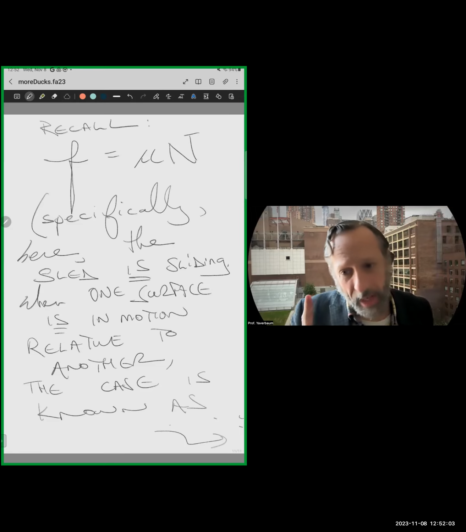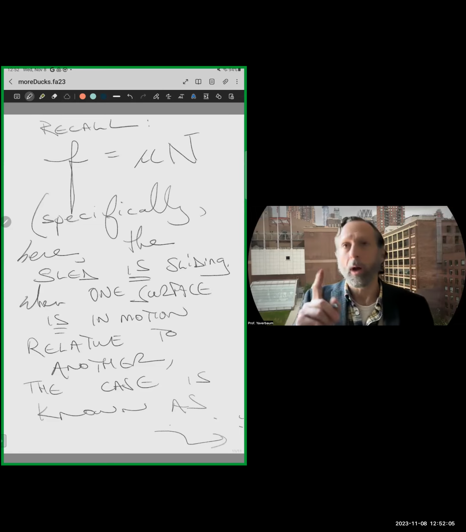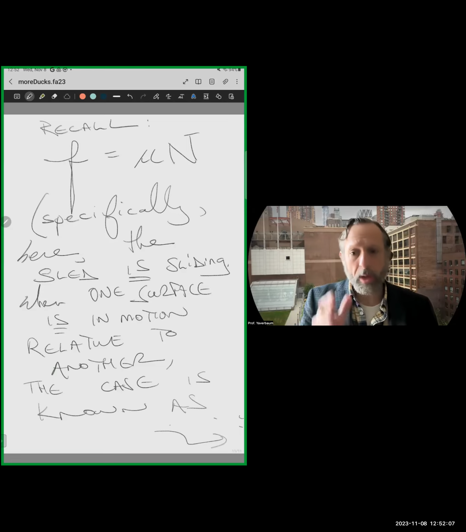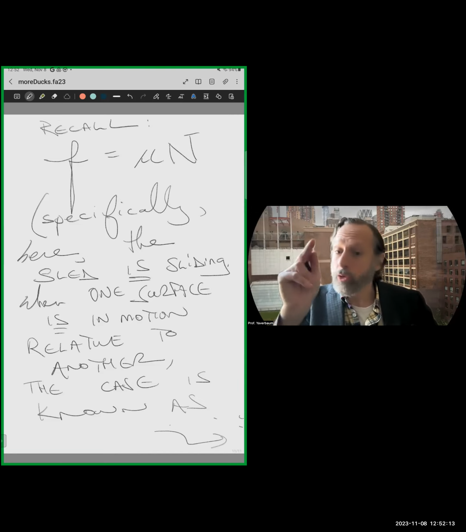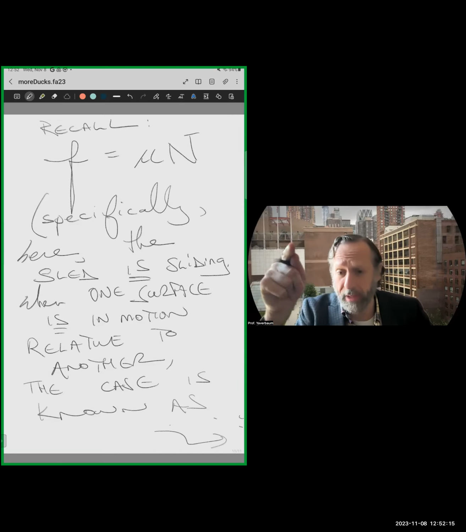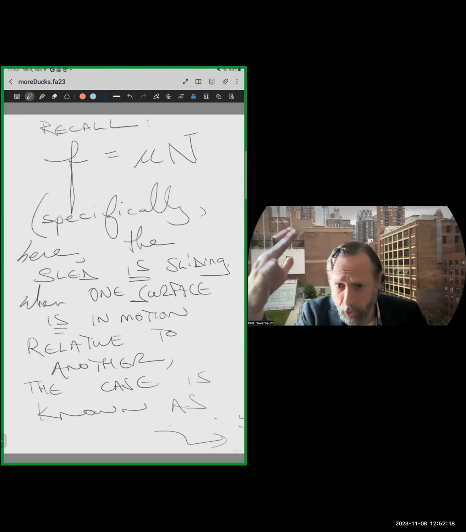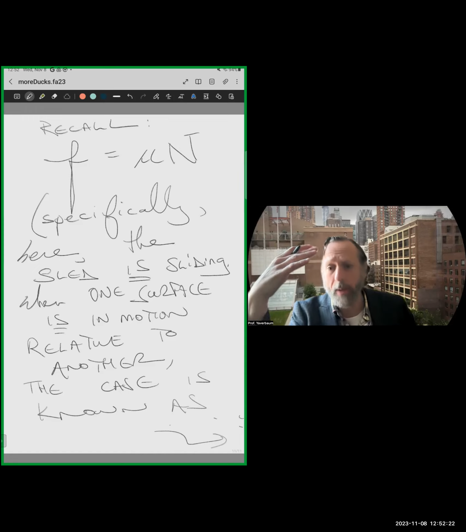Okay, quick sidebar here, something that I just want to mention now, so you know it. I'm going to use this equation, F equals mu times the normal. We need it for the rest of our lives. Truthfully speaking, friction can fall into one of two different categories.